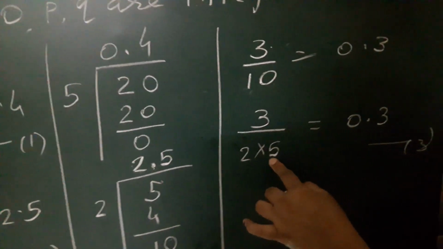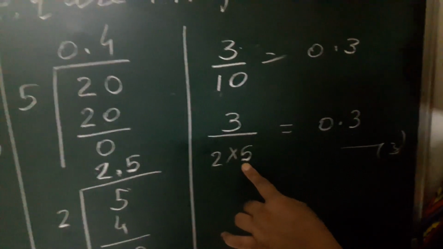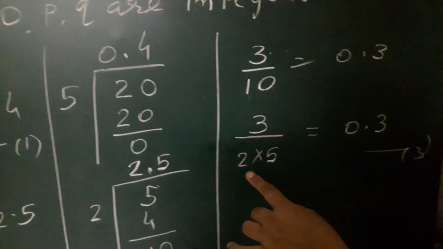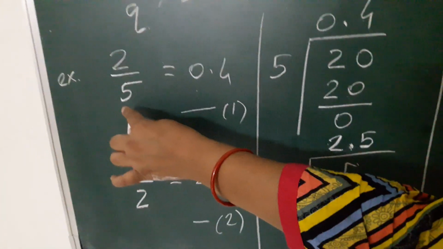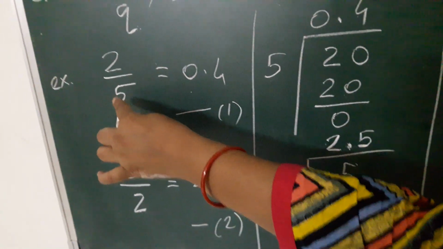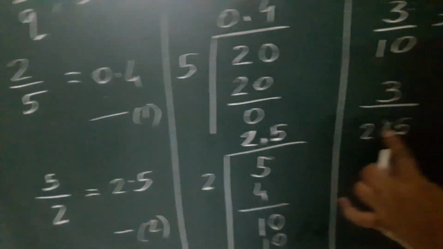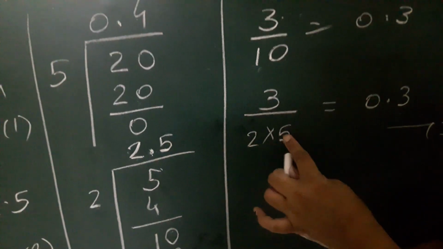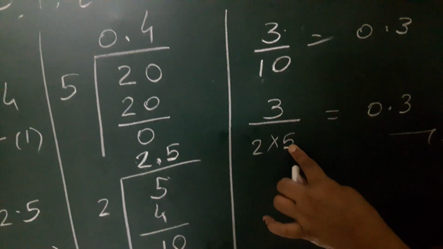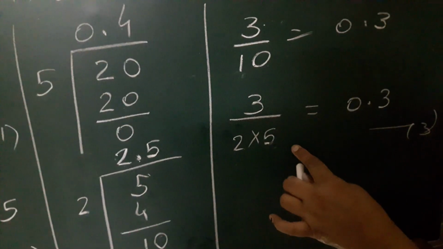That is, we can conclude that the denominator is a power of either 2 or 5, or a power of 2 and 5 both.